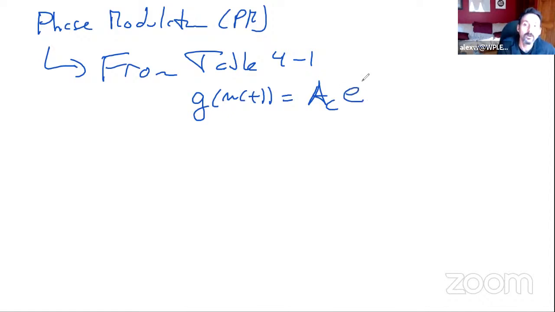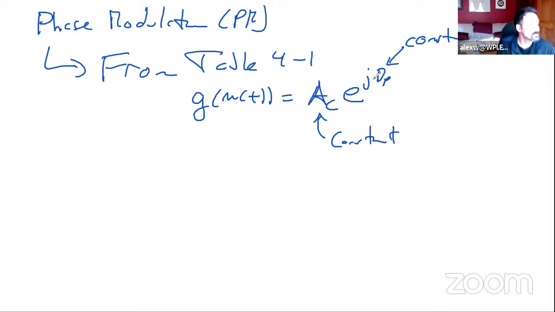Here, e to the j d_p, okay? d_p is a constant. A_C is a constant. So A_C is an amplitude constant. d_p is a phase constant. So when we have it in this representation, e to the j, okay, it implies some sort of phase change.